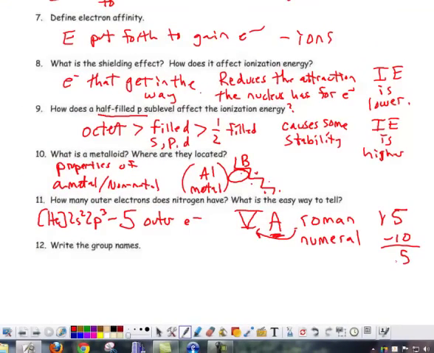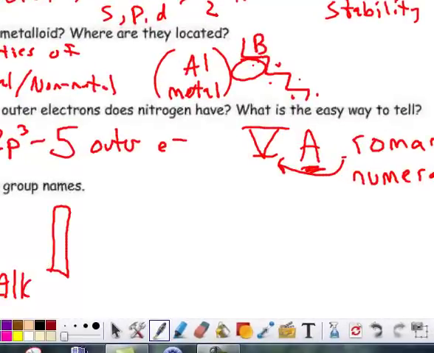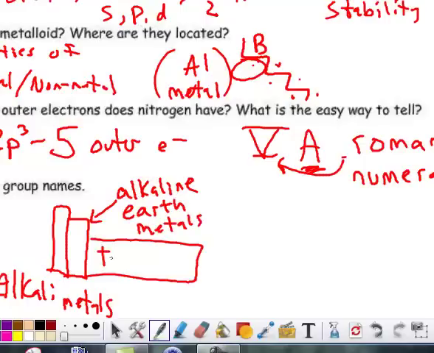Write the group names. First column are the alkali metals. Second column, alkaline earth metals. Then we have the middle. These are the transition metals.